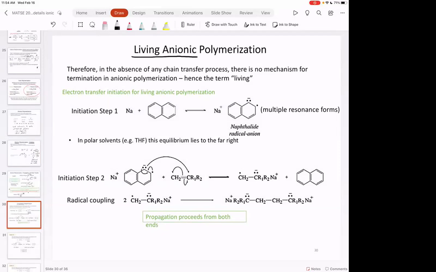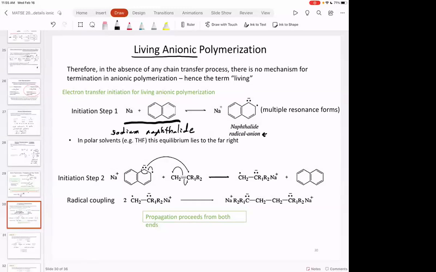But what you need to be responsible for is this is called sodium naphthalide. And what happens with sodium naphthalide is you can really stabilize that radical anion on the naphthalide or the naphthalene rings.